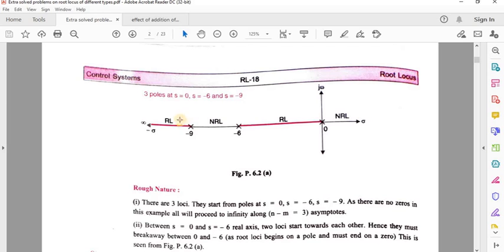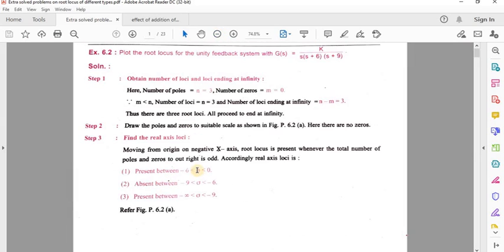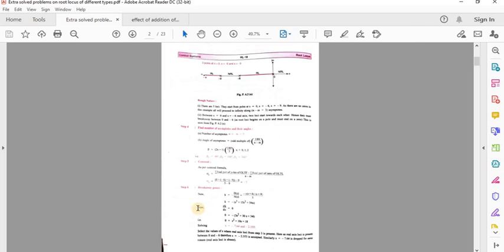We can see there are three roots, an odd number of roots. So loci is present from -9 to -infinity. They have given it here: it is present from 0 to -6, absent between -6 and -9, and present from -9 to -infinity.